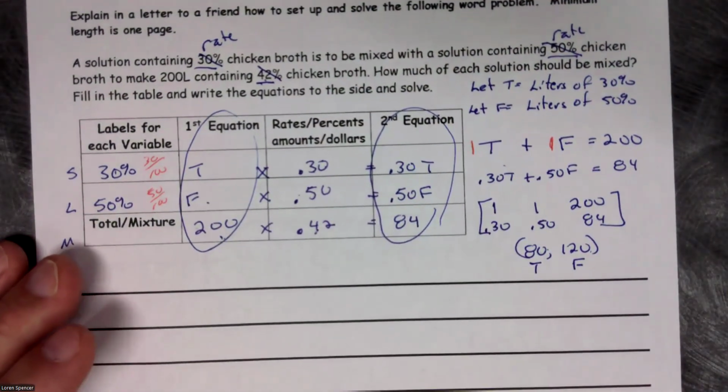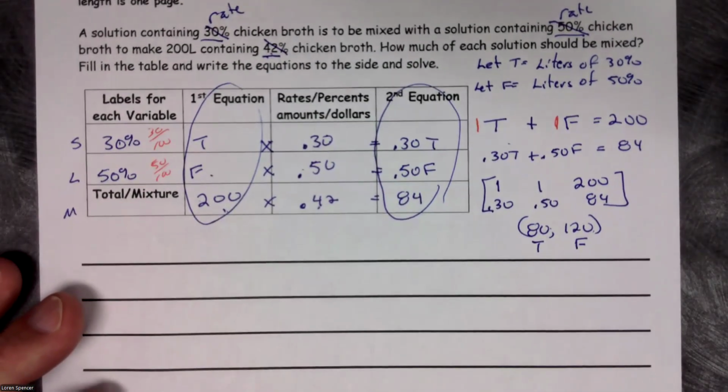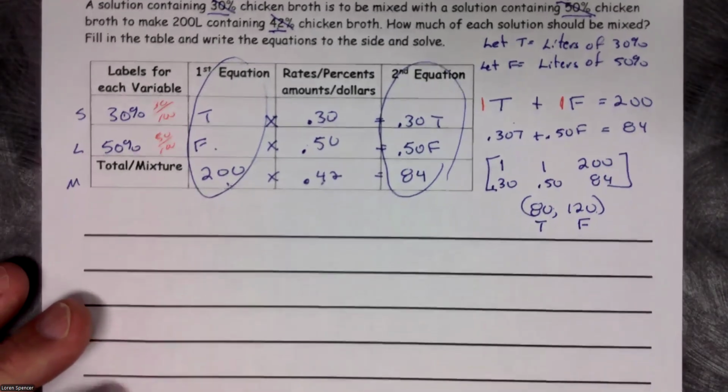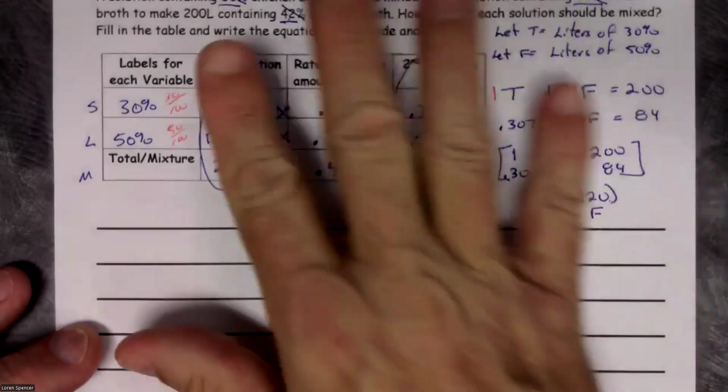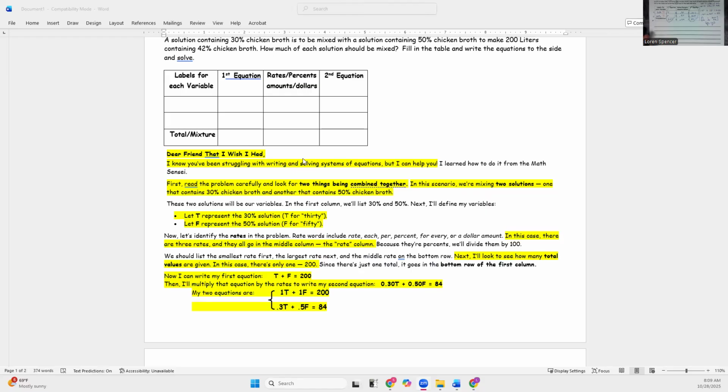Okay, now that we have done all of our work, we're going to try to explain this thing to our friends. So you should have all this written down, and we're going to go ahead and explain it in a letter. So I'm going to share my screen because I've already written this out. Everything I have is a good explanation, but the part that you need is the part in yellow.